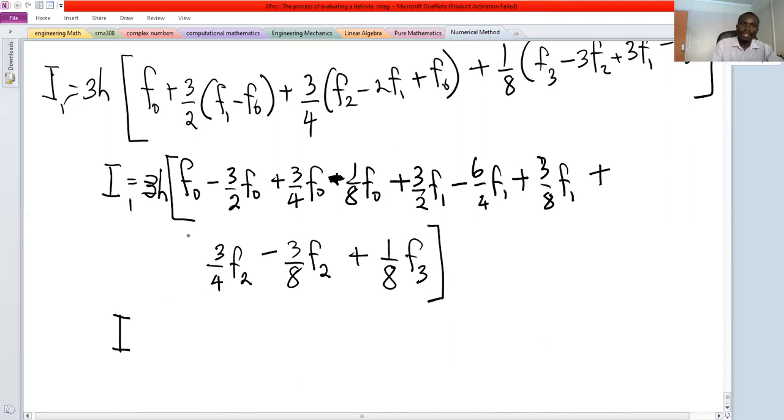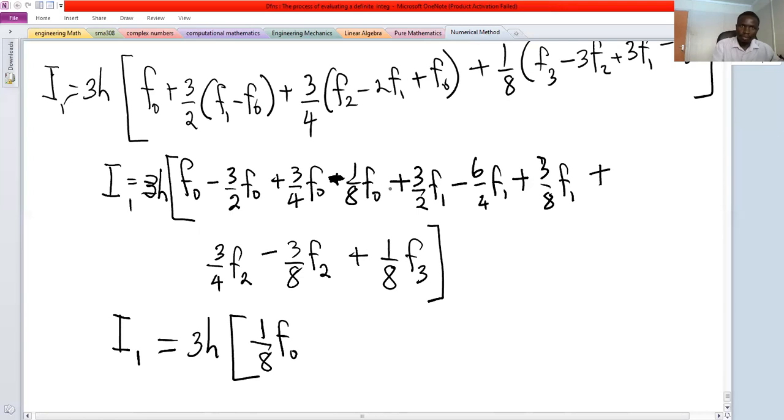So I1, I've just collected like terms, is 3h into: 1 minus 3/2 plus 3/4 minus 1/8. That gives me 1/8 F0.